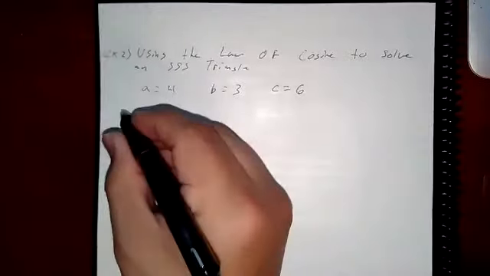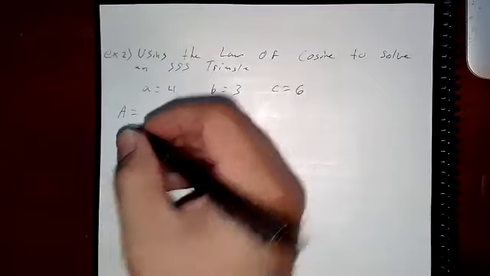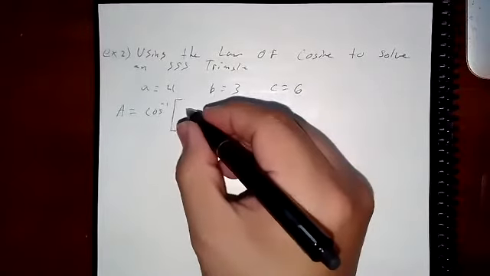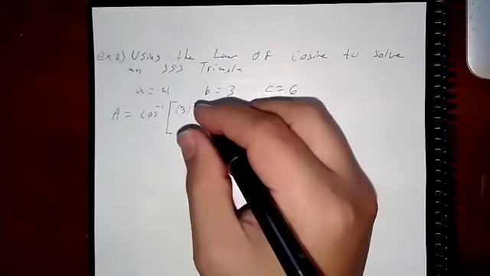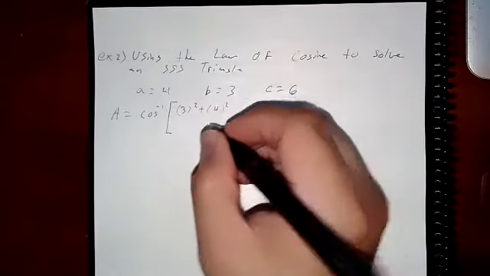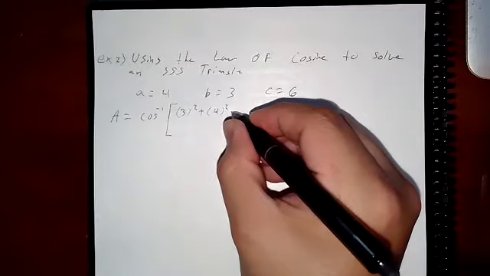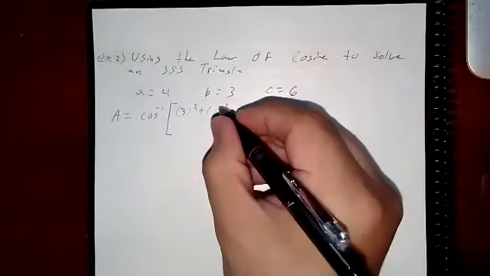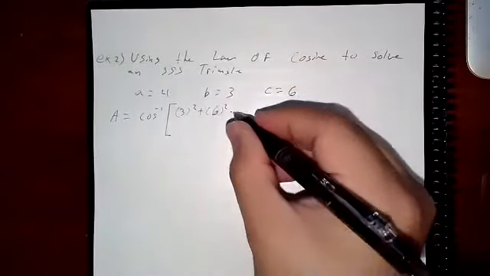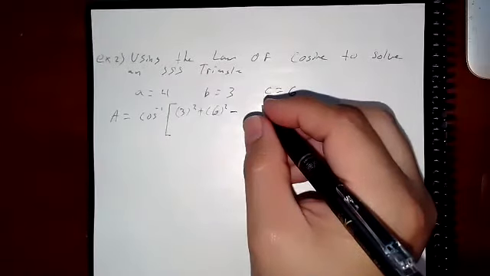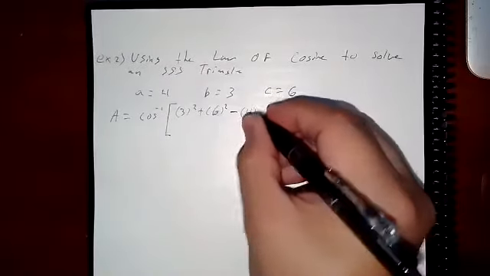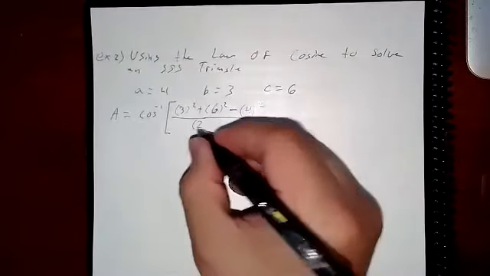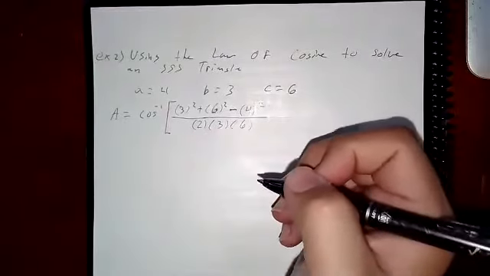All right. So I guess let's start with using the one for A. So A would be equal to cosine inverse of 3 squared plus 4 squared minus, oops, sorry, we have that up already. Should be 6. Two BCs on the bottom.